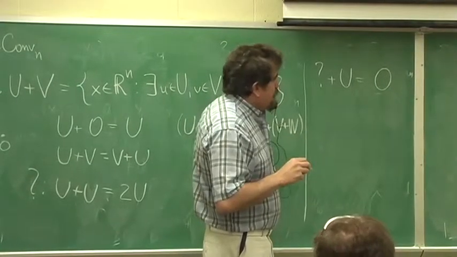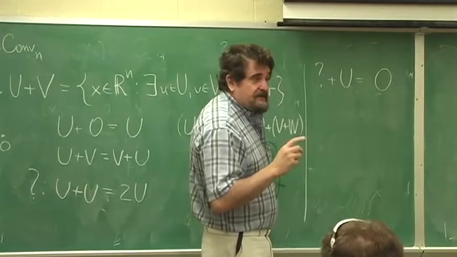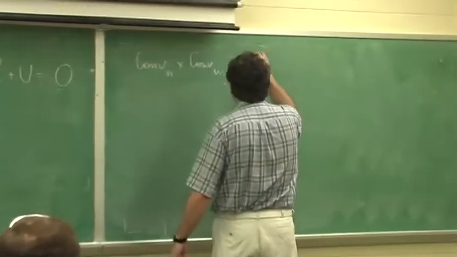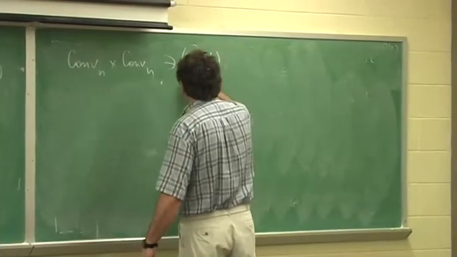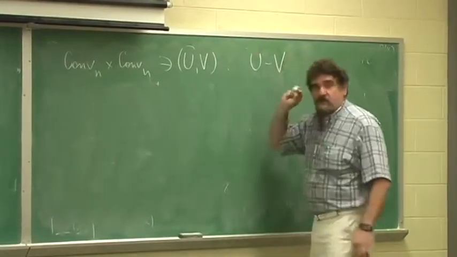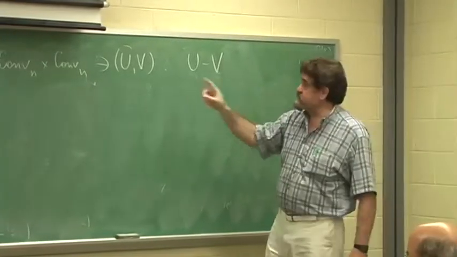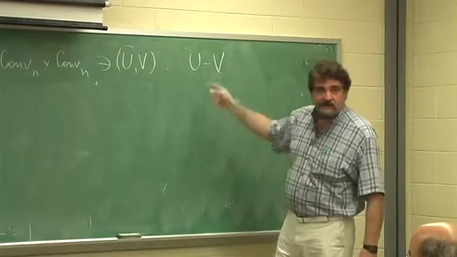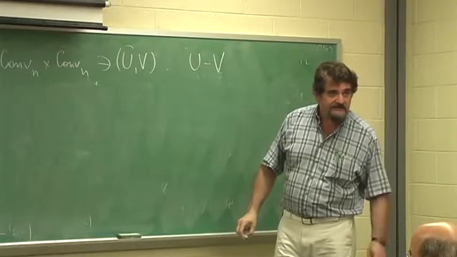So, consider pairs of convex sets, U, V. And write it this way, U minus V. It is only a way to write it. Instead of writing two parentheses and a comma, I will write simply one minus between them. Nothing else.